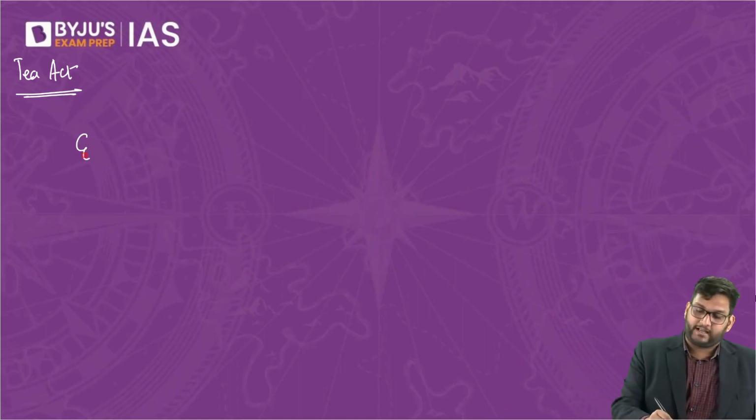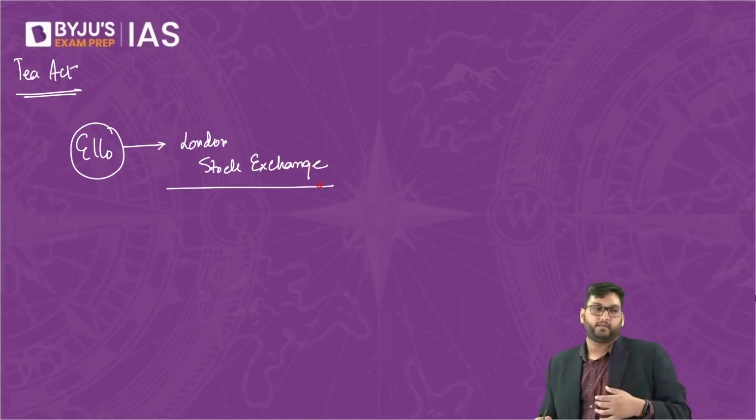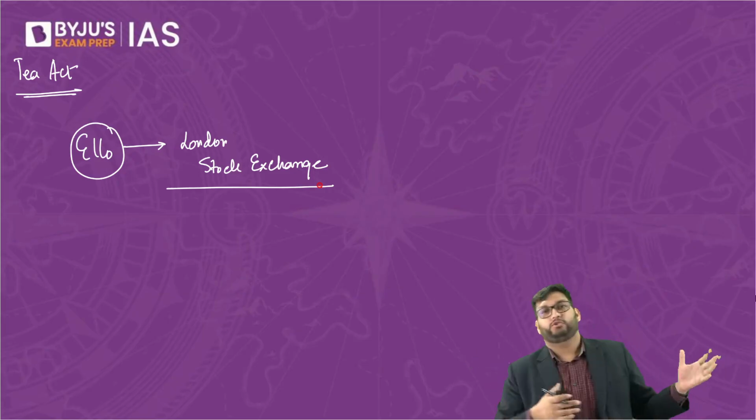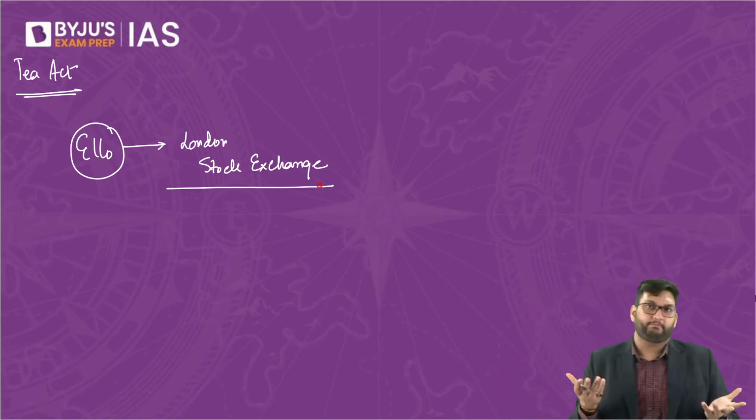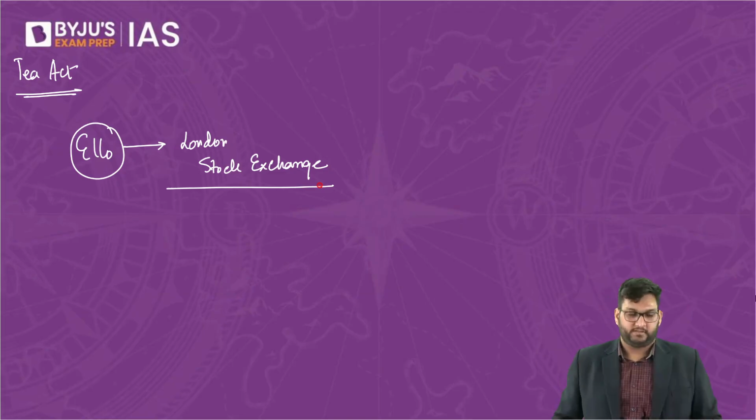But the East India Company is not a royal company, it's a joint stock company. Joint stock company means that the East India Company was listed in the London Stock Exchange as a company for which you could buy stock. Like you have Tata Motors, this and that. The same way, it's a private company, a joint stock company listed in the London Stock Exchange.